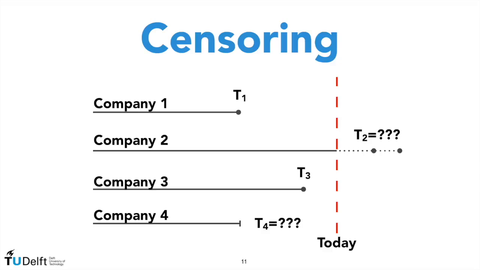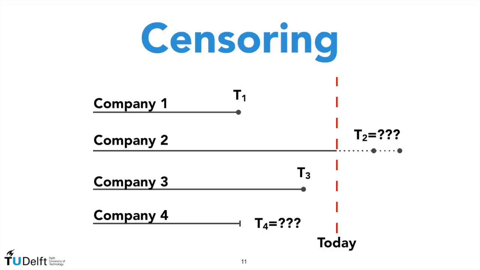For company 2, for example, since we are making our evaluations today, we have not yet observed the default. But this does not allow us to say if the default will happen tomorrow, in 1 week, or in 10 years. For company 4, on the contrary, somehow this company has disappeared from our dataset.